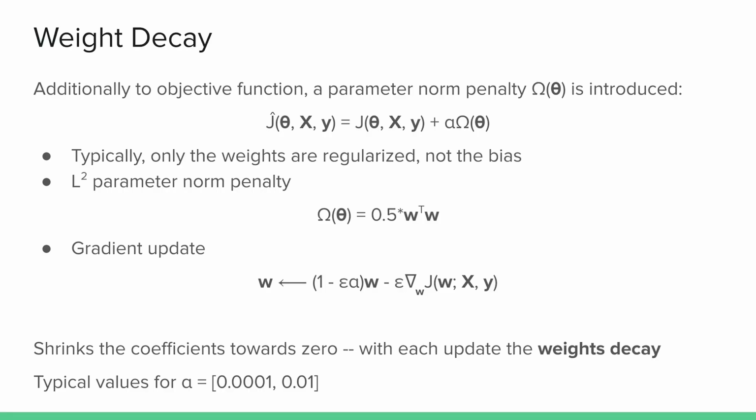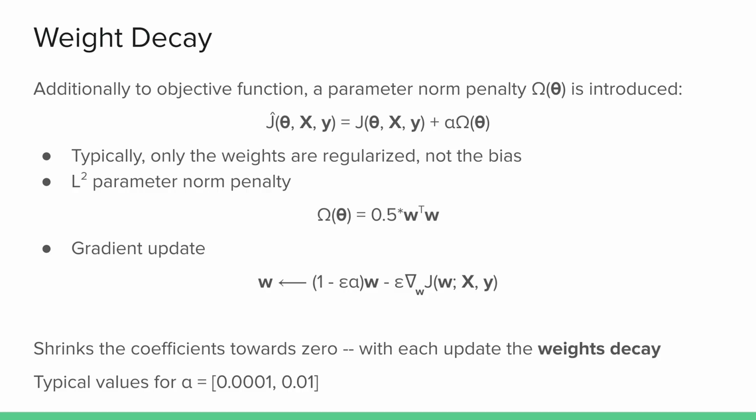Weight decay is also a very popular regularization mechanism, and it's adding an additional objective function by adding a parameter norm penalty. What we're doing is that instead of just computing the gradient descent, we also add a penalty term for how big our weights in our neural network are.